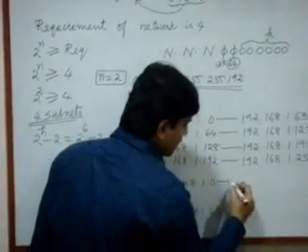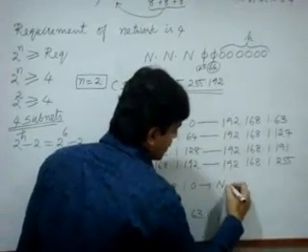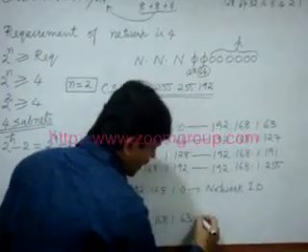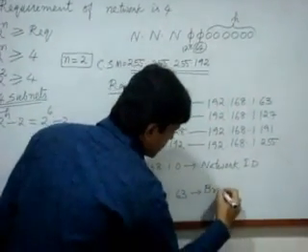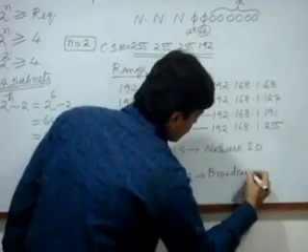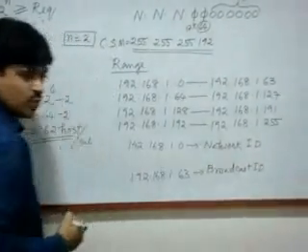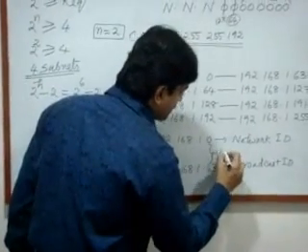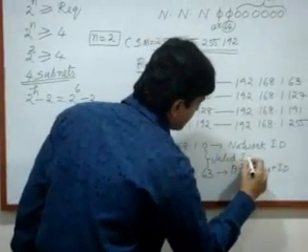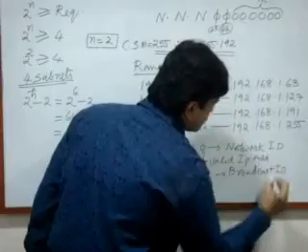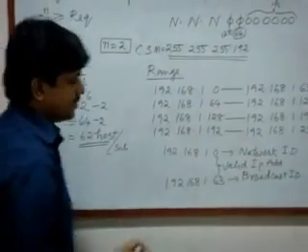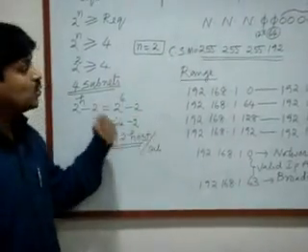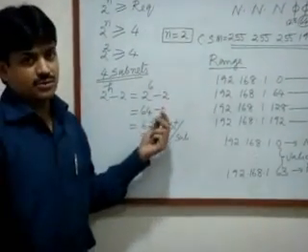In this first subnet, the first address is called the network address or network ID, and the last address is the broadcast address or broadcast ID. These 2 addresses are reserved. In between these 2 addresses, we have valid IP addresses, which we can use for hosts or clients. So this is subnetting, an example in class C. Like this we can do it in class B and class A also. Okay, thank you.